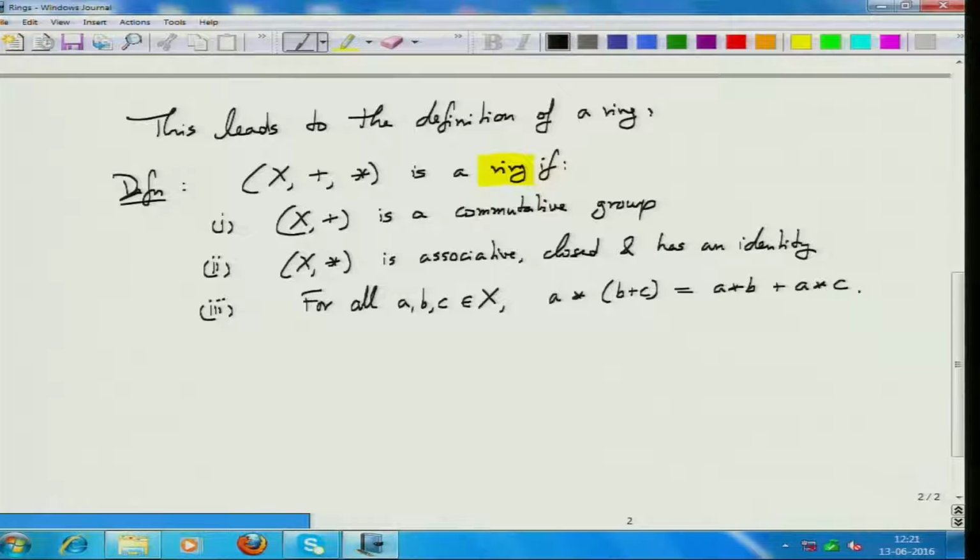And depending on whether multiplication is commutative or not, the ring will be a commutative ring or not. Sorry, plus star, of course.